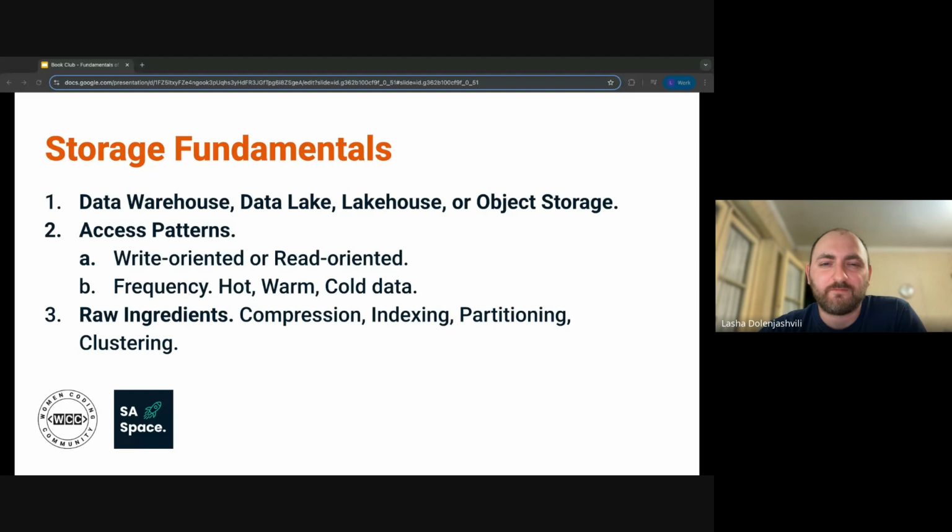Of course, performance also depends on understanding the raw ingredients of storage. For example, using compression makes data take up less space and can speed up network transfers and scans. But you should be aware that it also adds a small overhead for compressing and decompressing the data.